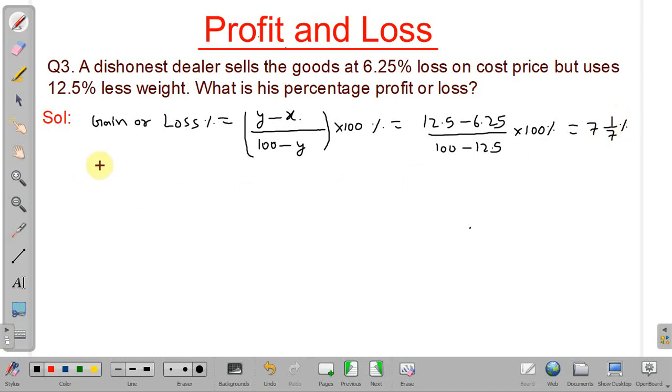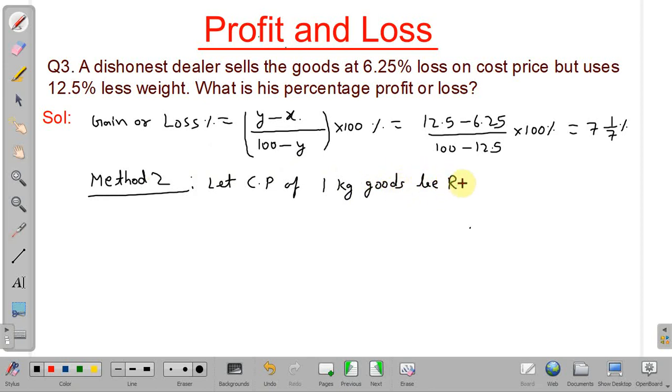Suppose you don't remember this shortcut formula, then how can you solve? So we will discuss the second method. In this we have to assume the cost price. So let the cost price of 1 kg goods be rupees 1.